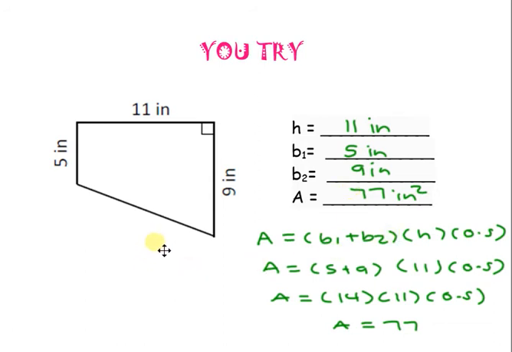So for this one, you should have gotten 77 inches squared. And for this one, the bases were these parallel lines right here. So 5 inches and 9 inches. And then 11 inches was your height.